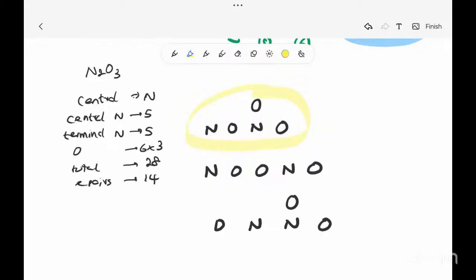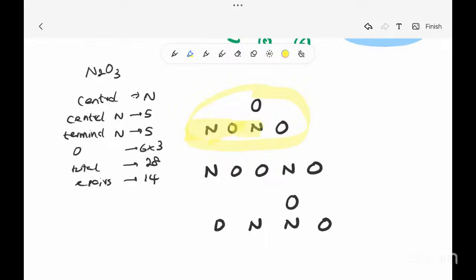Let's consider this one. In here, if you consider these two, nitrogen and oxygen, and these two, this nitrogen and oxygen, nitrogen can accommodate only two bonds, right?